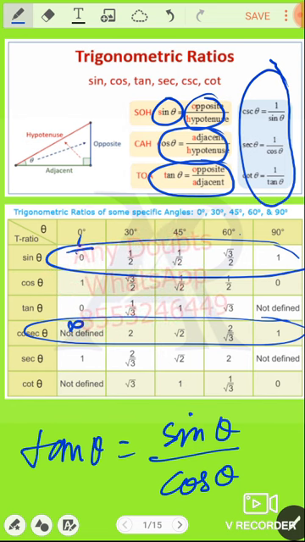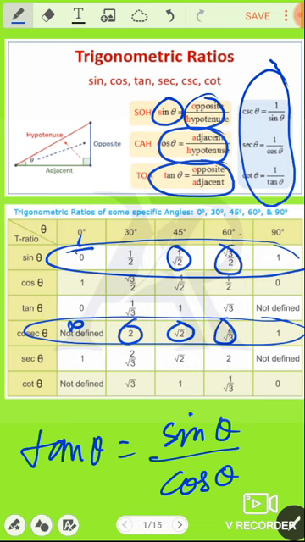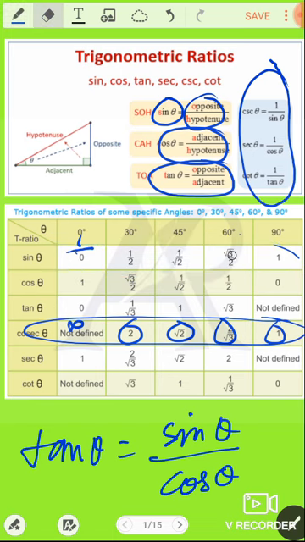Therefore, cosecant 0 is infinity. Sin 30 degree reciprocal, 1 by 2 reciprocal is 2 you will get. 1 by root 2 if you do reciprocal you will get root 2. Root 3 by 2 if you do reciprocal you will get 2 by root 3. 1 if you do reciprocal you will get 1 itself. Like this you will get the value of cosecant theta.